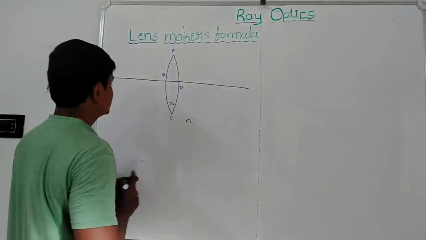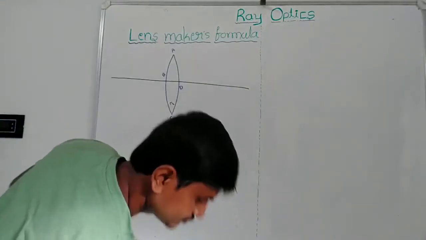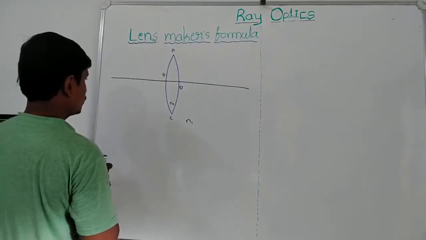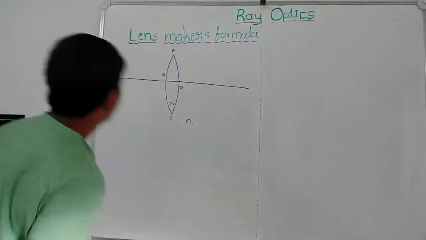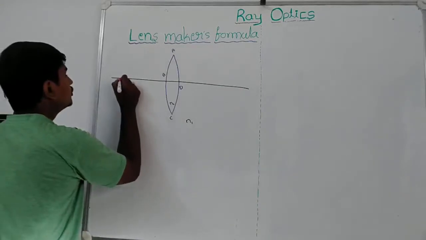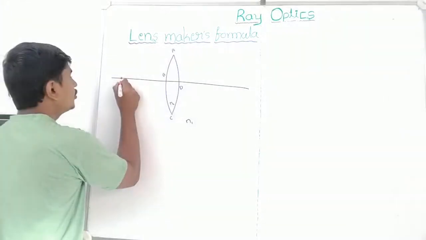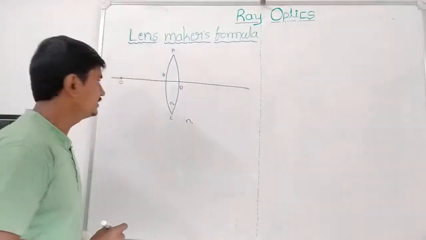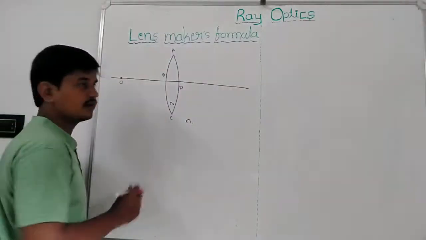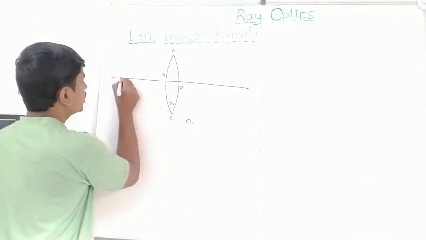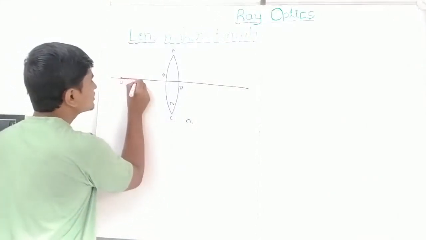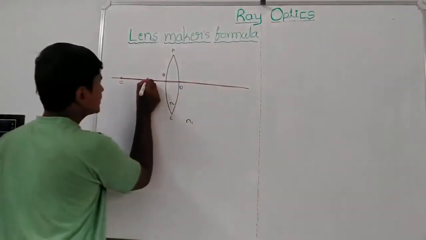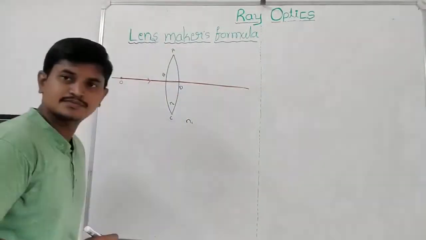Hence, let us consider an object O which is present on the principal axis, and there are two rays emerging from O. One ray is along the principal axis.